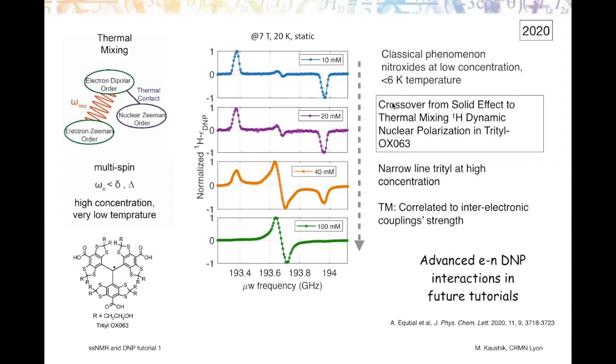So it appears to be a crossover from cross-effect condition to increased thermal mixing, and at some point at very high concentration, only thermal mixing is the active DNP mechanism. This is corroborated with the fact that inter-electronic coupling strengths increase at higher trityl concentration. More on this will be discussed later in future tutorials.